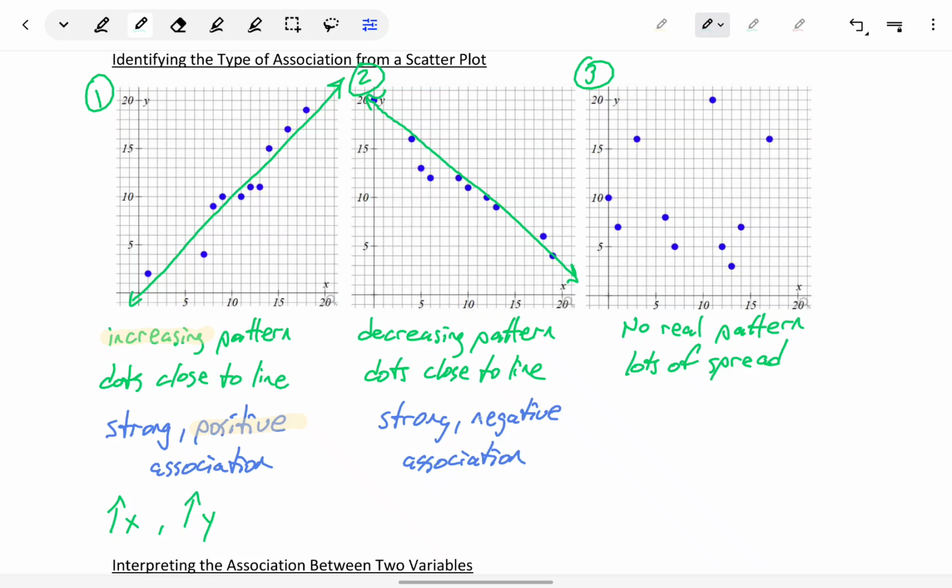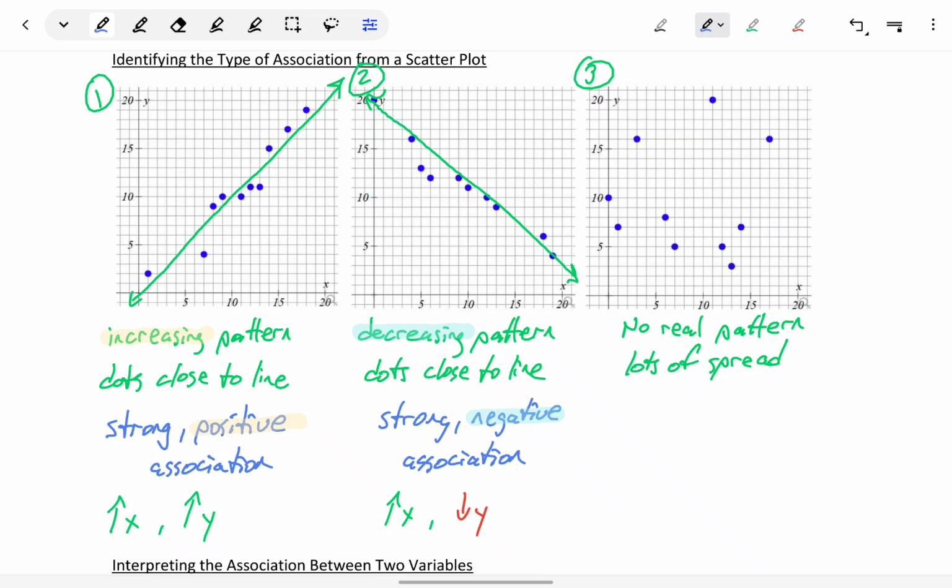Positive means increasing, and negative means decreasing pattern. So in this case, we see a strong negative association, meaning that as our x values are increasing, as we read that graph from left to right, our y values are decreasing. So negative association doesn't mean a bad association. It still means a strong association. It's just the pattern. The values are moving in opposite directions. One's getting bigger while the other gets smaller.